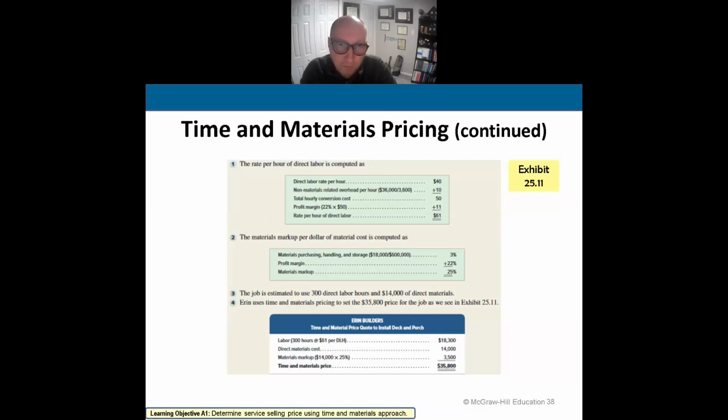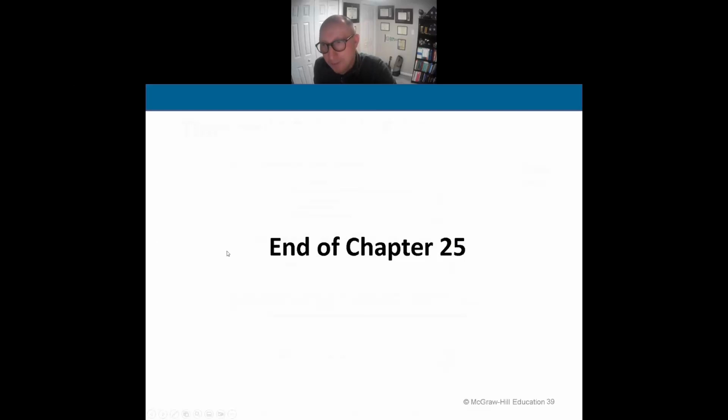Labor per hour plus the markup for the hours, giving us the total rate per hour, then the profit margin percentage times the cost of the labor. The total rate per hour plus the markup, 5%. And then we can price out the job. And that's how it works for repair shops.